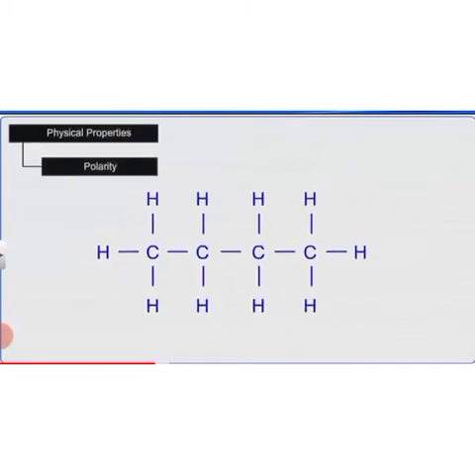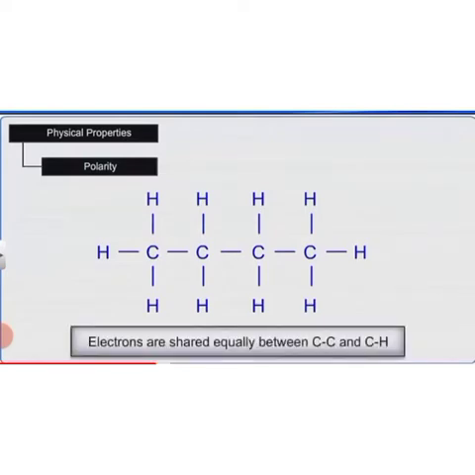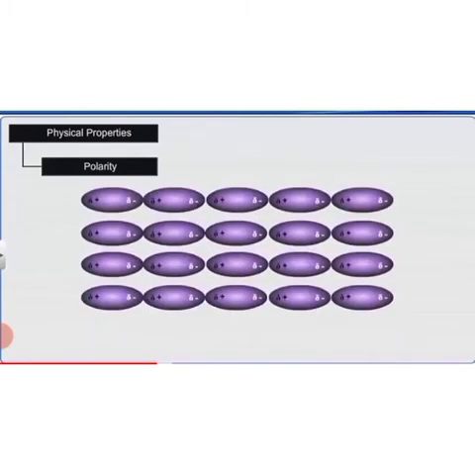These bonds are covalent, and the electronegativity between two carbon atoms or between carbon and hydrogen is almost negligible. Hence, the molecules formed are non-polar. This is why the only attractive force acting on these molecules is the weak van der Waals forces.